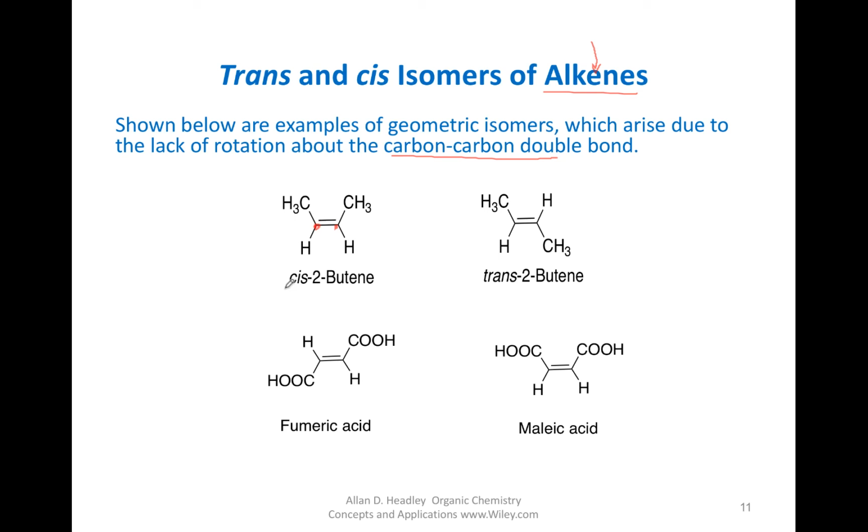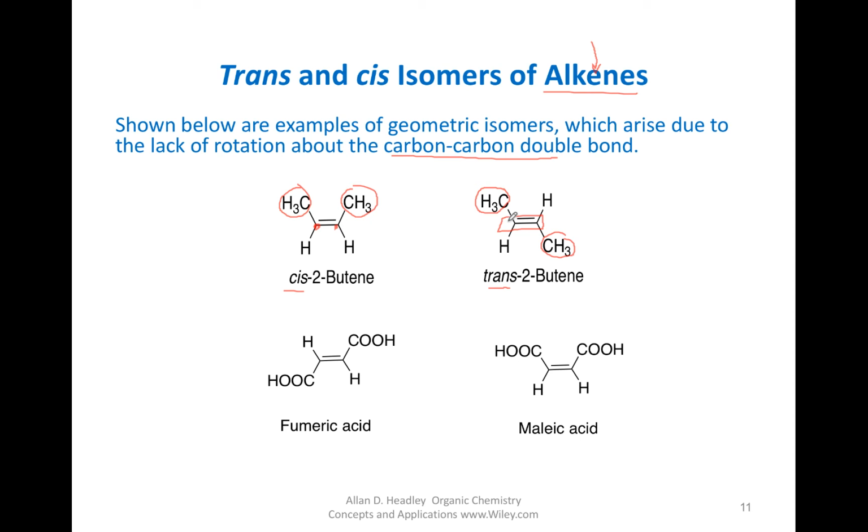So we can describe this as a cis-butene because these two groups are on the same side of the double bond, or a trans-2-butene because these two groups are on the opposite side here of the double bond. So you can name these two molecules as trans or cis.